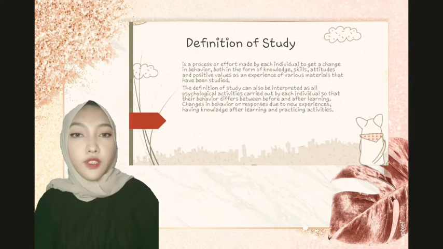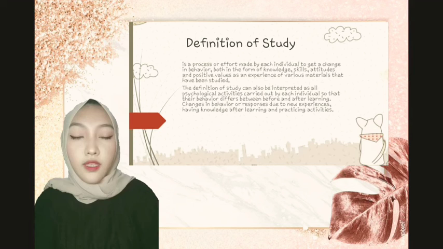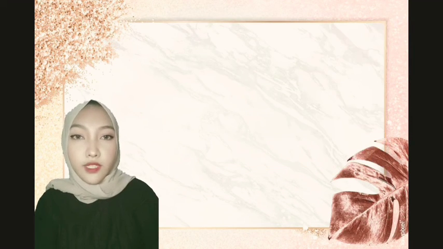The definition of study can also be interpreted as psychological activities carried out by each individual so that their behavior differs between before and after learning. Change in behavior or responses comes from new experiences, having knowledge after learning, and practicing activities.